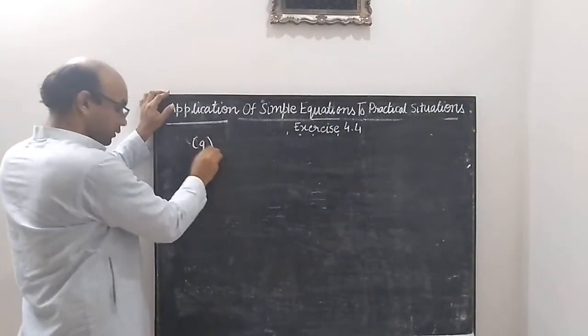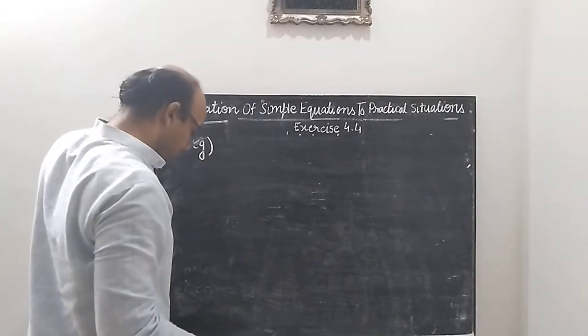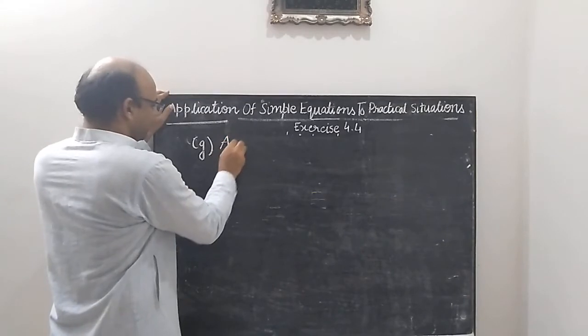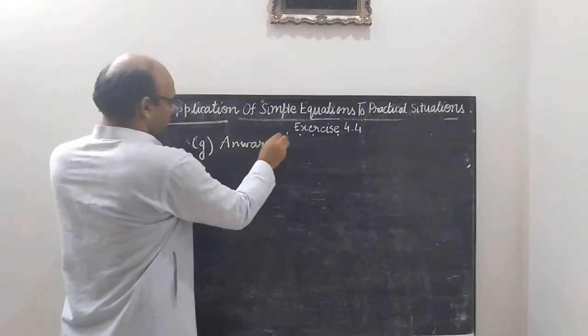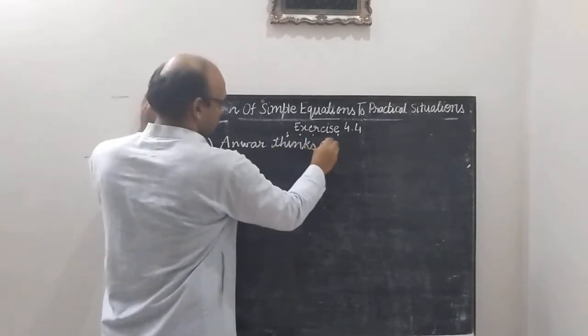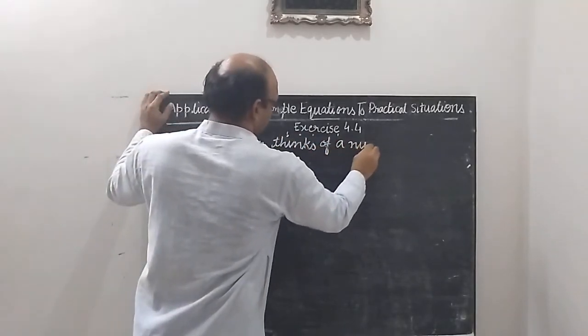That is G, and what it says is: five by two of a number.